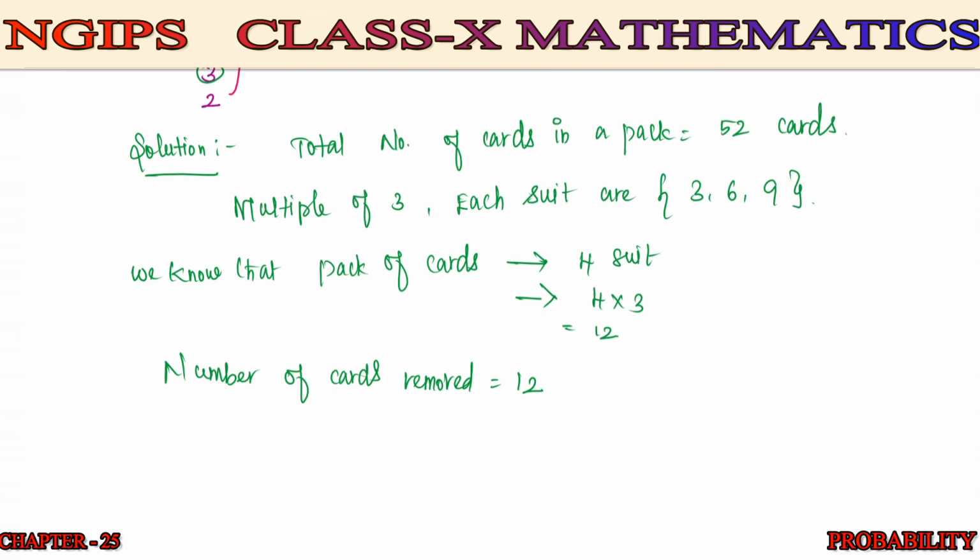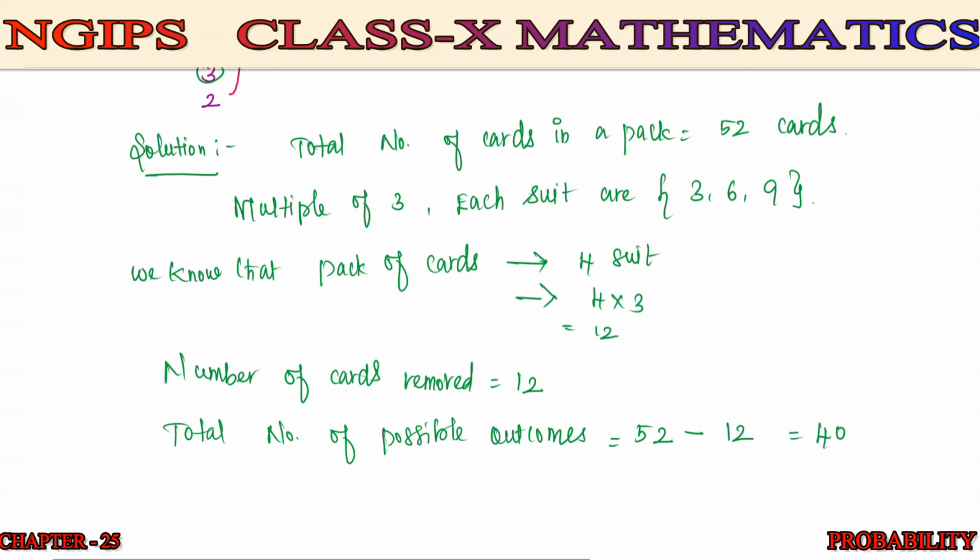Here, total number of possible outcomes is equal to, here we have totally 52 cards. From these 52 cards we have to remove 12 cards, so here you will get 40. So the total number of possible outcomes, it is 40 we got, and we have to find the probability now.